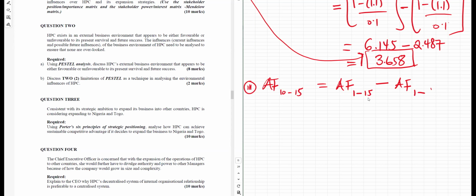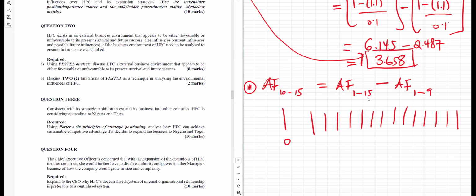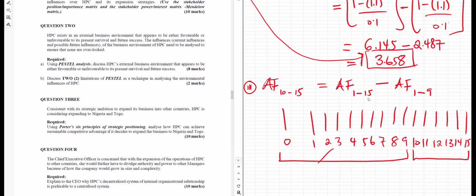You are now getting it, because it's 1, 2, 3, 4, 5, 6, 7, 8, 9, 10, 11, 12, 13, 14, 15, right? So 0, 1, 2, up to 15. We want from here to here. That means we must eradicate this one.